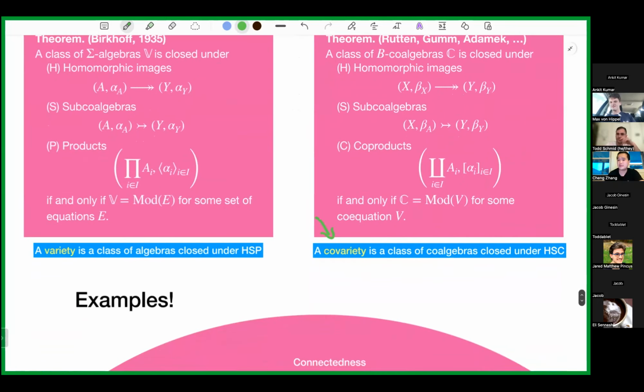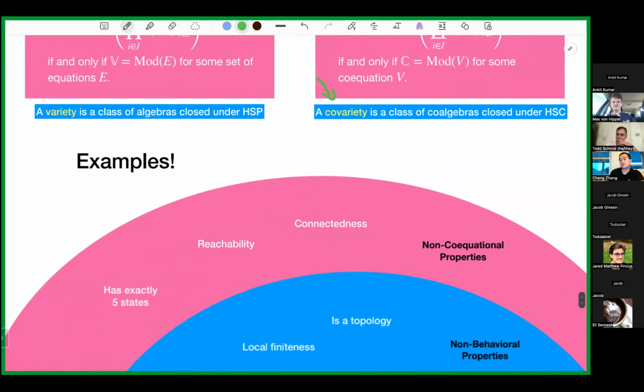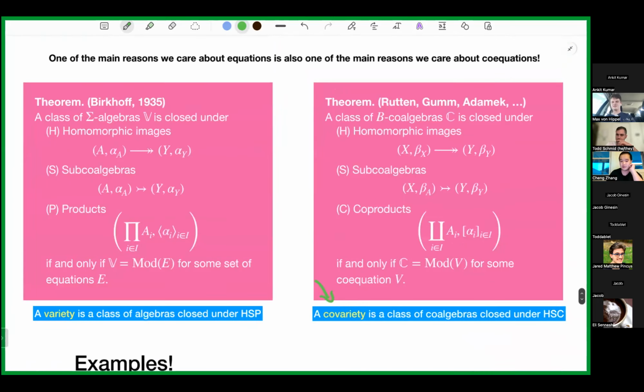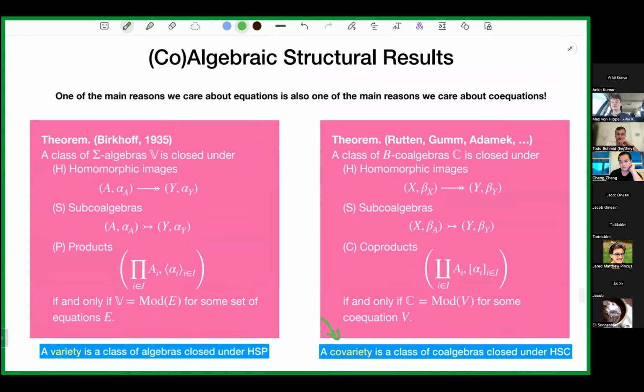Do you know anything that requires more than finitely many colors? Yes, for sure. Let's see, did I put it in my notes?